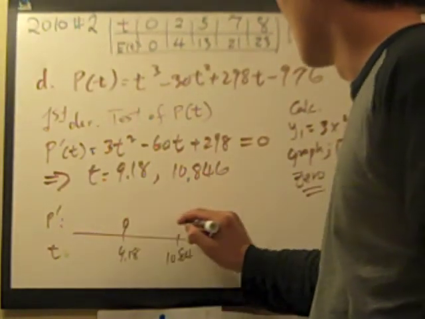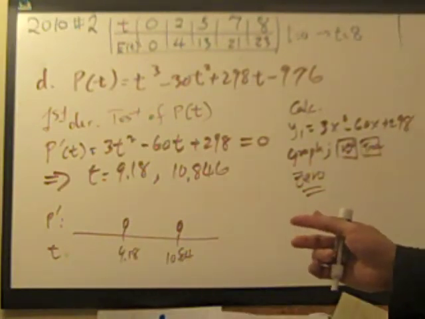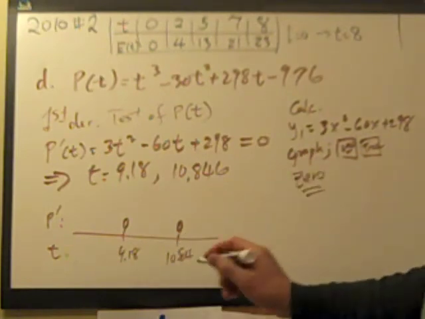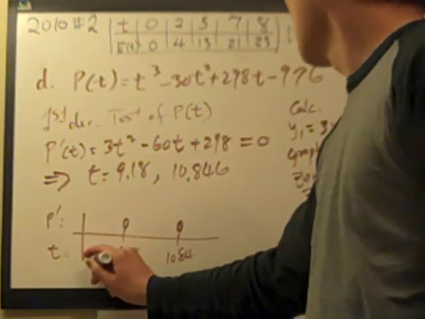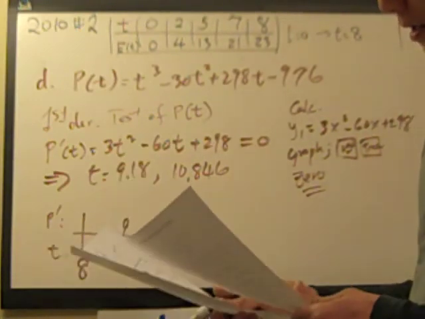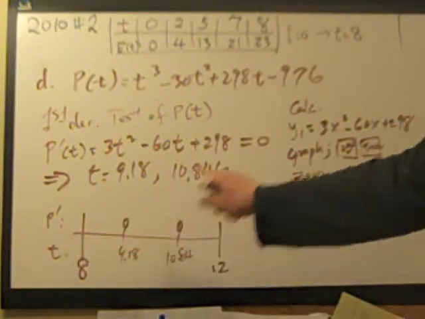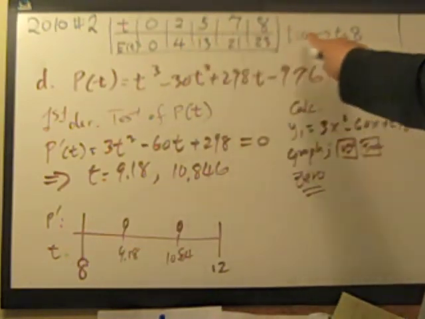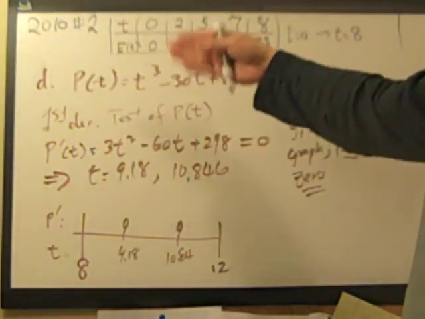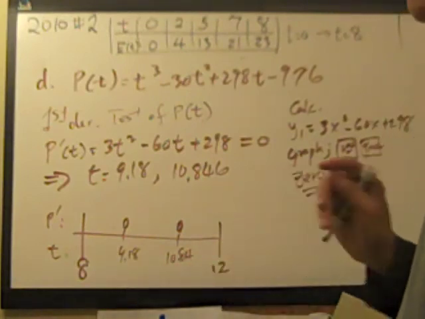P prime is going to be 0 at these points, and you also notice that the domain is going to go from 8 to midnight, which is 12. The entries were given all the way into 8, but processing entries started at 8 p.m. all the way to midnight, so it's 8 to 12.